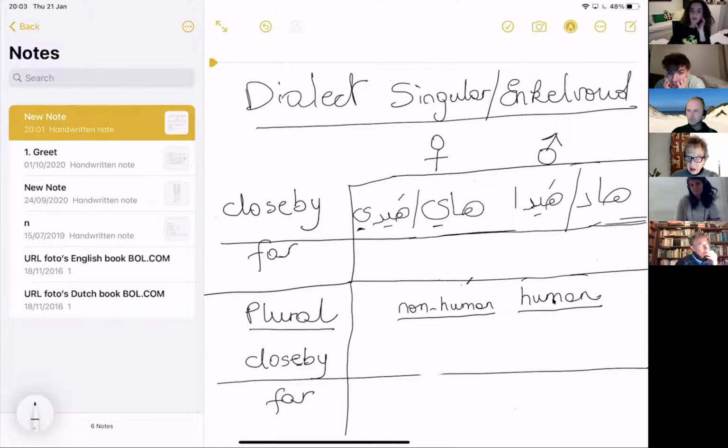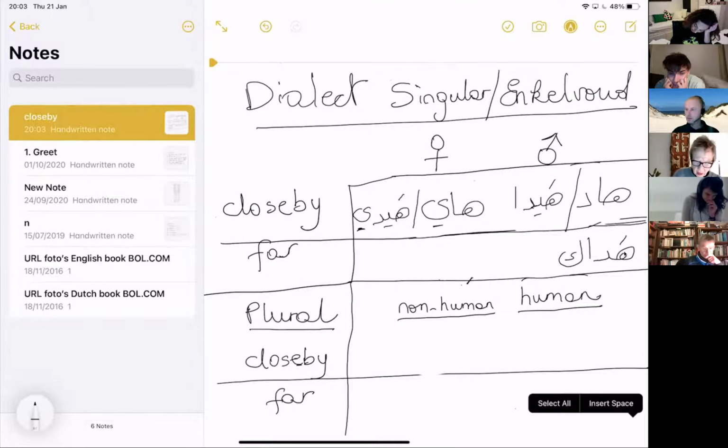When what you're pointing at is far, in the masculine, you use هداك. So actually you add a ka at the end.